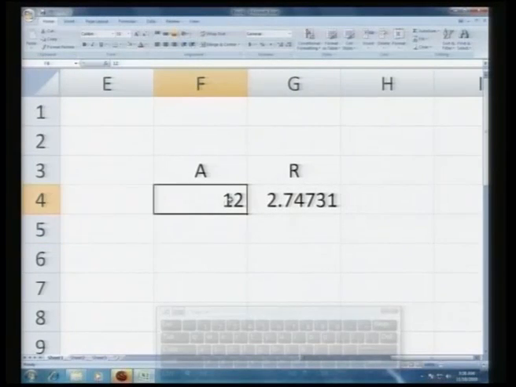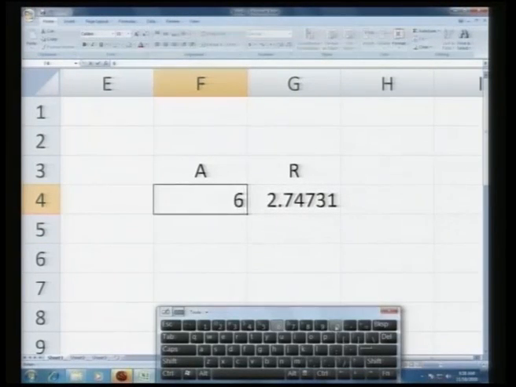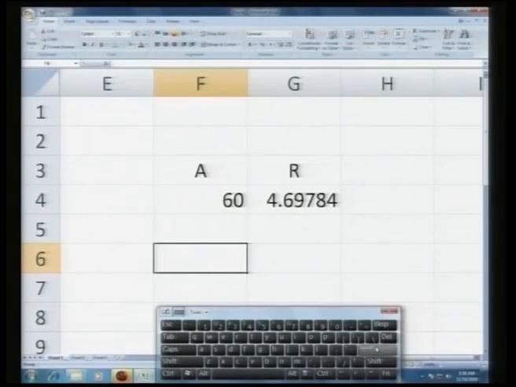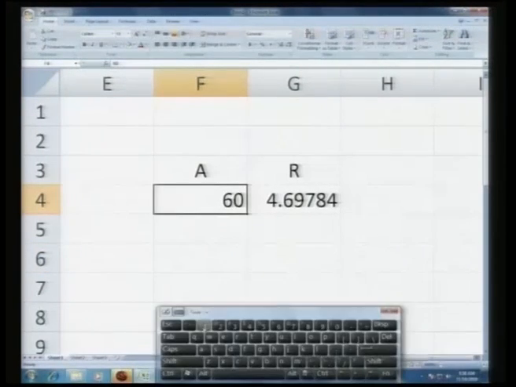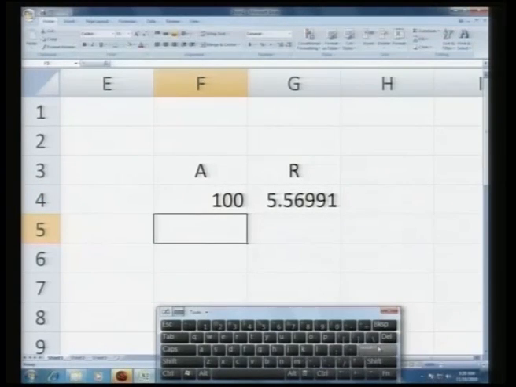Then let us see 60, somewhere around nickel, 4.7 femtometers is the mean radius. Then go somewhere, let us say 100, 5.5 femtometers. Now, tell me a heavy nucleus that you know, very heavy.